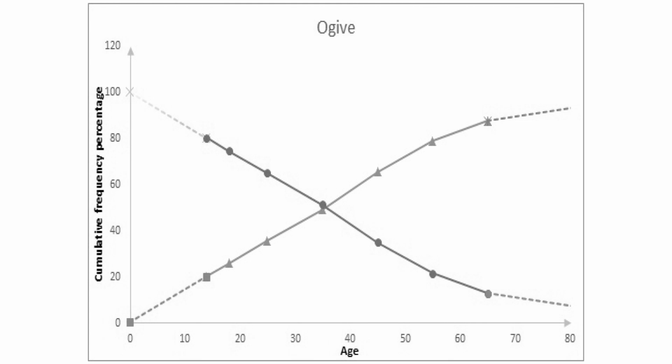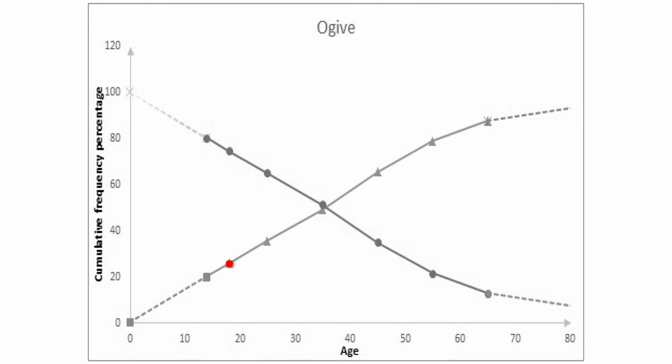So the upper limit of the first class is 14 and the less than cumulative frequency is 20. So we plot the point where the value 14 in x-axis and 20 in y-axis meet. The upper limit of the second class is 18 and the less than cumulative frequency is 25.7.